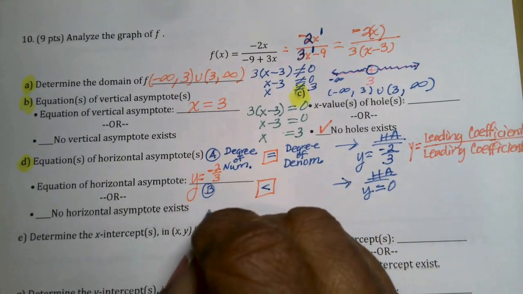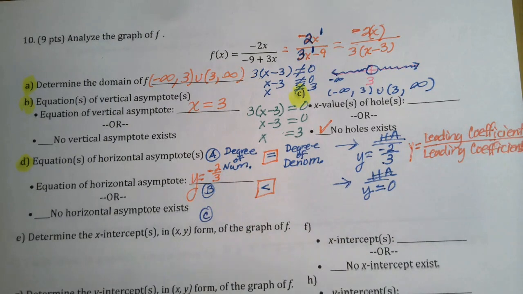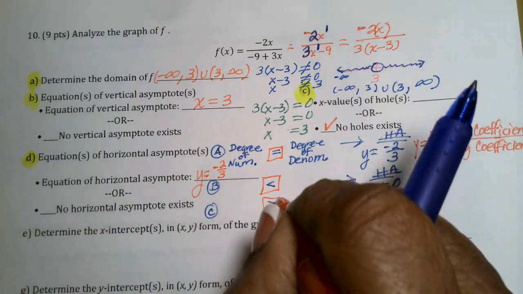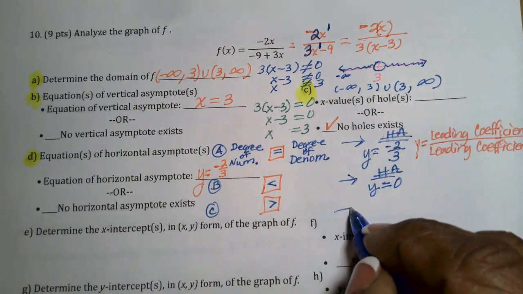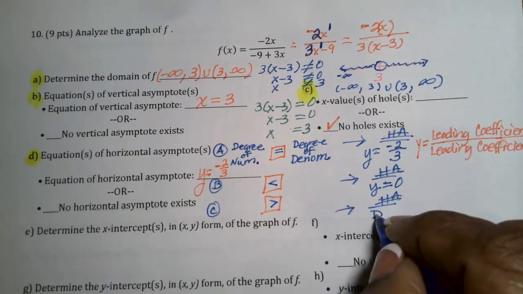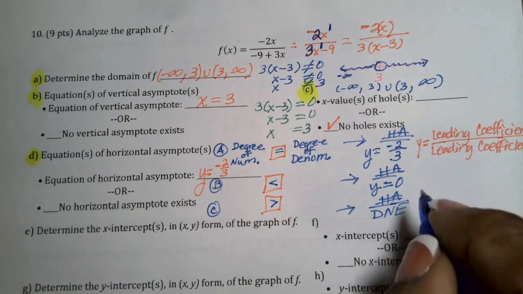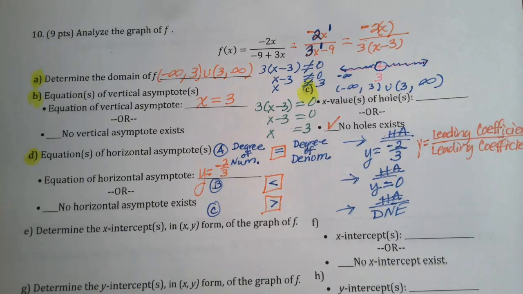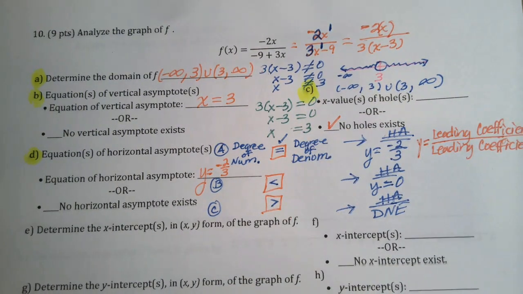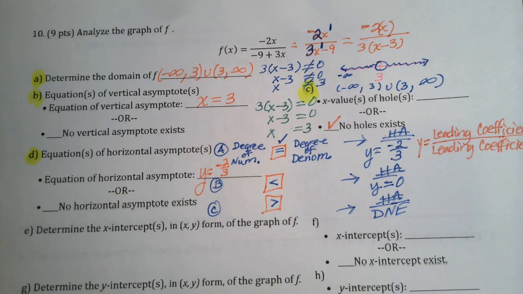Last case scenario, part C, if the degree of the numerator is greater than the degree of the denominator, then the horizontal asymptote does not exist, DNE. In this particular case, you will get an oblique or slant asymptote and you will have to divide. But the case that we found, both degrees equal, so we had to divide the leading coefficients. Now for part E, it wants us to find the x-intercepts.